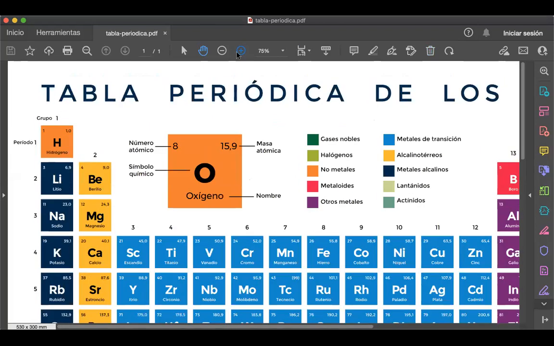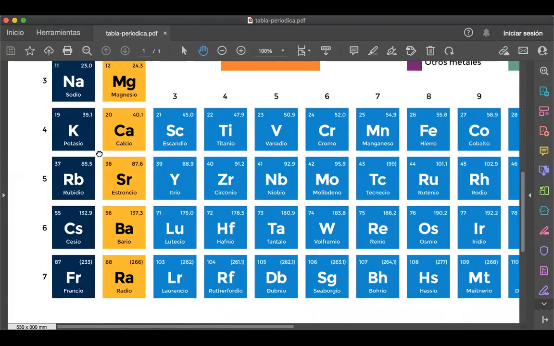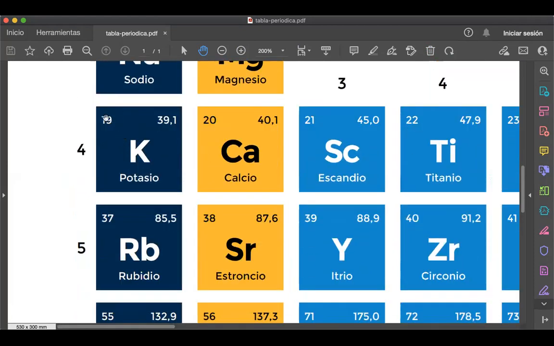For example, I will choose potassium. Look at the potassium. Potassium has a 19 above the symbol and a 39.1 also above the symbol.